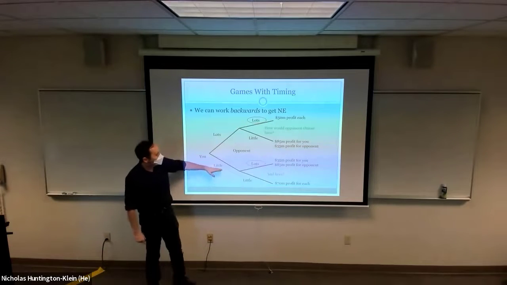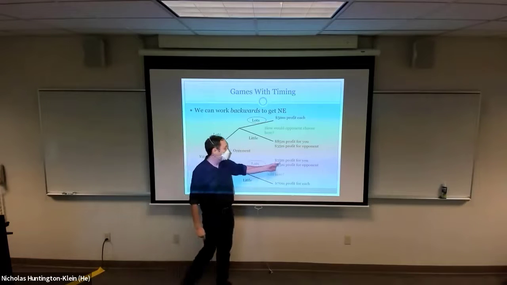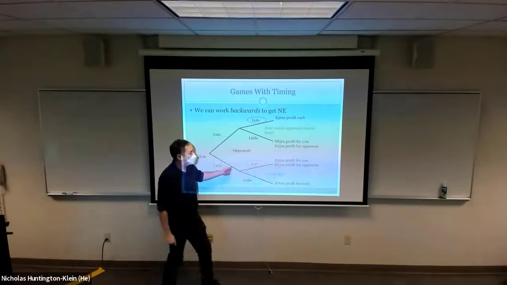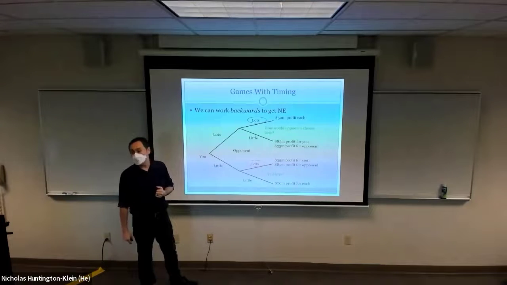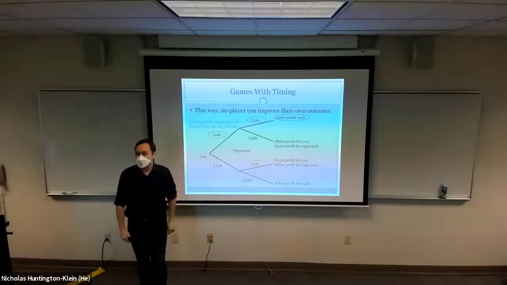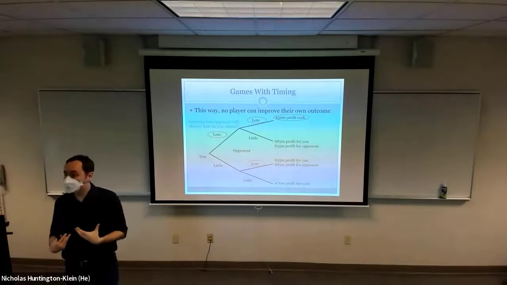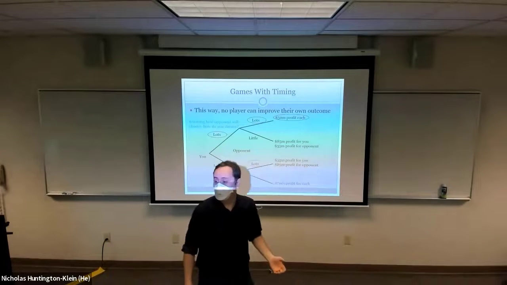How about down here? If we invest a little, we anticipate they're going to invest a lot in response, and we're going to get 35 million. So you can sort of imagine this little over here having a $35 million payout attached to it. 50 is better than 35, and so we would also choose to invest a lot. That is our best response to the responses that we expect the other person is going to have.